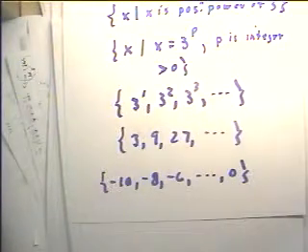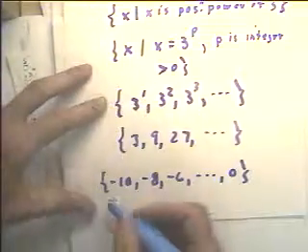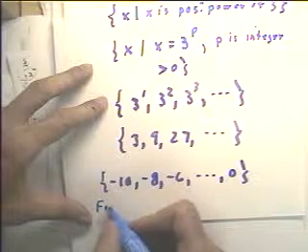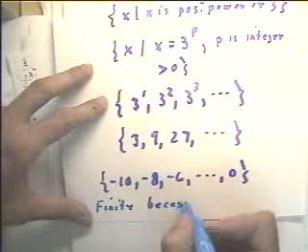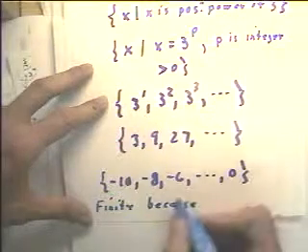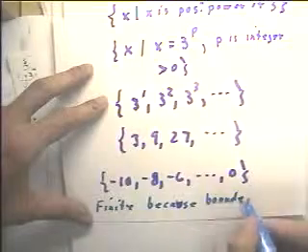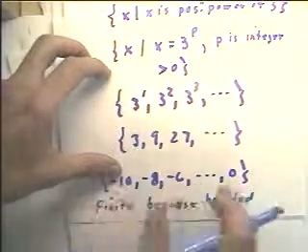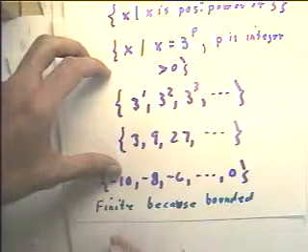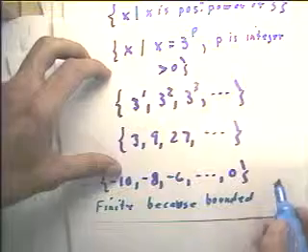You have to say it's a finite set maybe because it's a bounded set of integers. Okay, so it's finite because it's bounded, meaning there's something below which it can't go and something above which it can't go, but that doesn't by itself guarantee it.